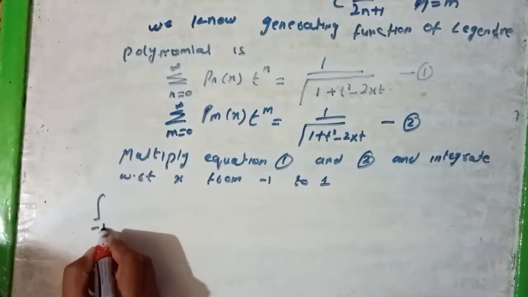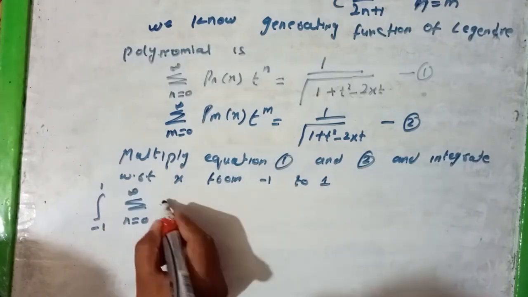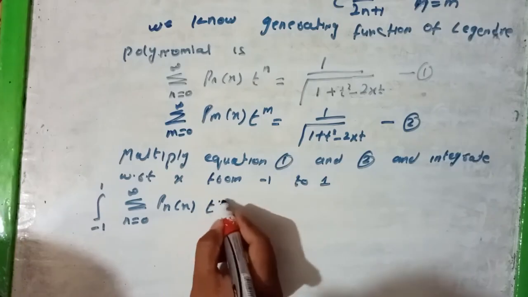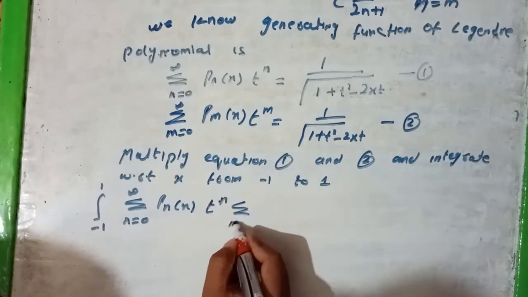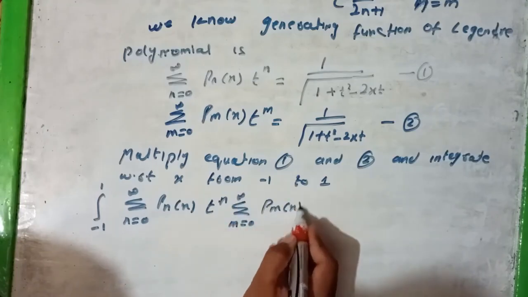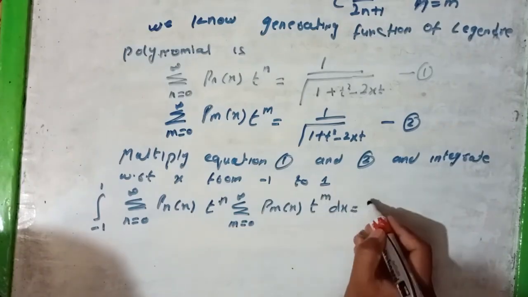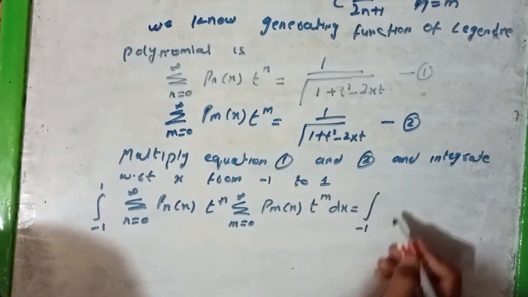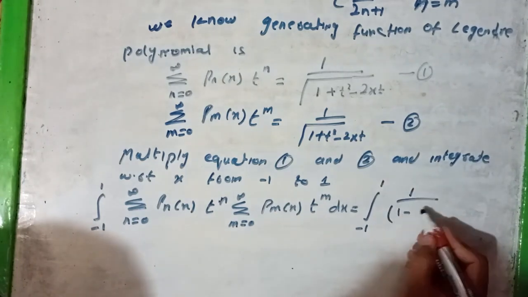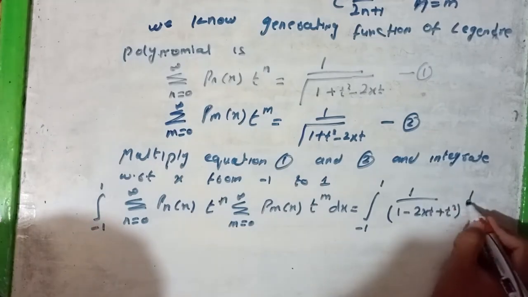So this becomes integral from -1 to 1 summation n is equal to 0 to infinity P_n(x) t raised to power n summation m is equal to 0 to infinity P_m(x) t raised to power m dx is equal to integral from -1 to 1 1 over (1 minus 2xt plus t square) dx.